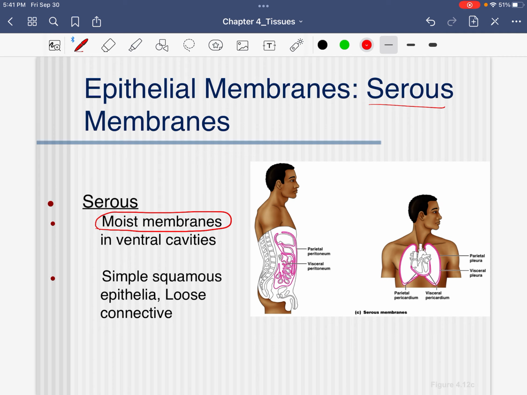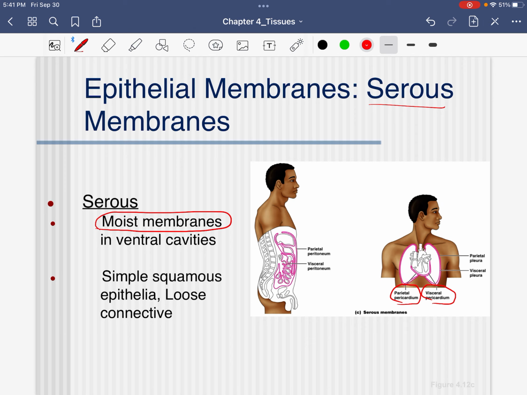When we think about the covering over the heart, the covering over the lungs, they are serous membranes. They're moist. And what is the benefit of these, the tissues lining your heart and lining your lungs? What's the benefit of it being a little moist?